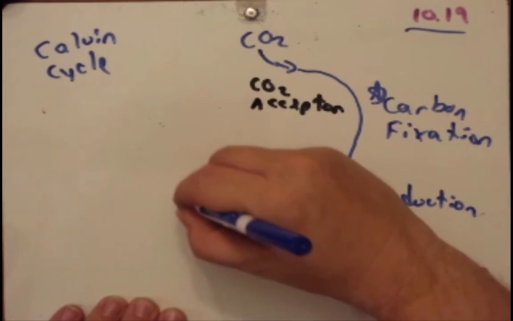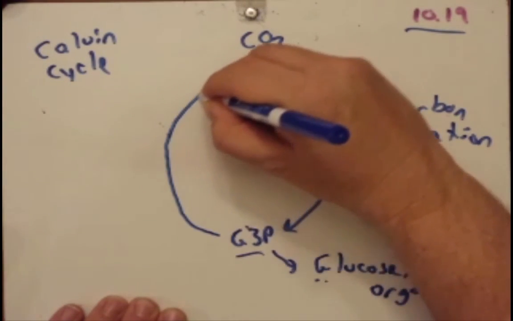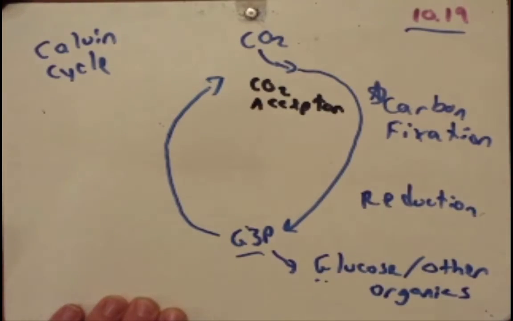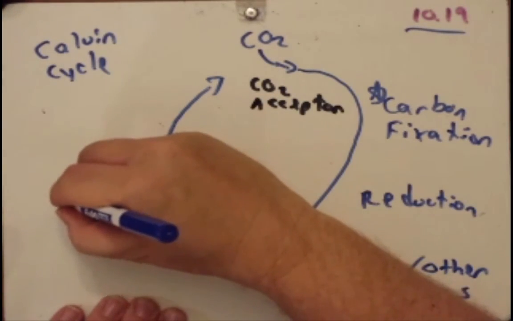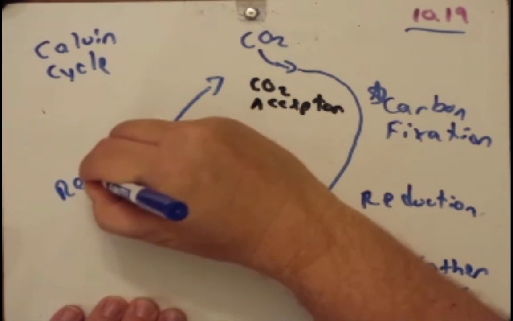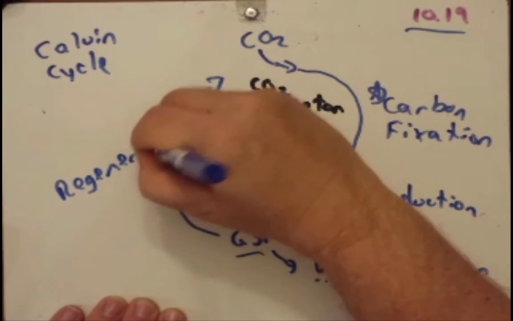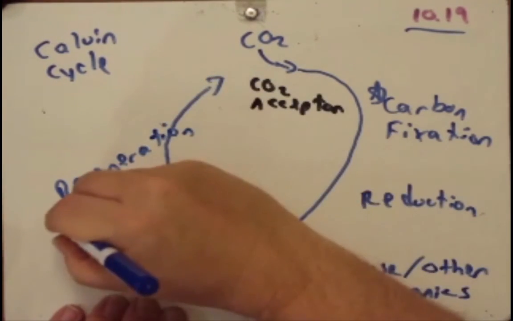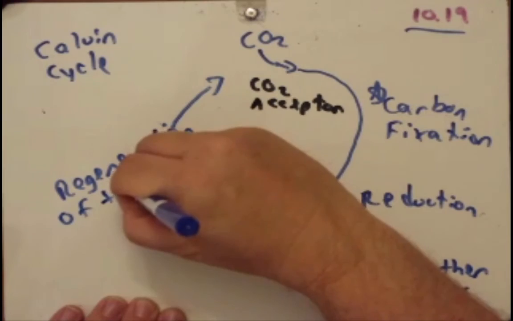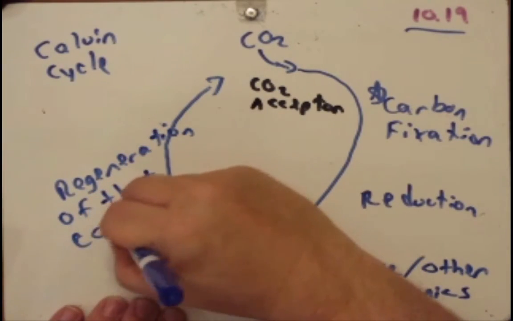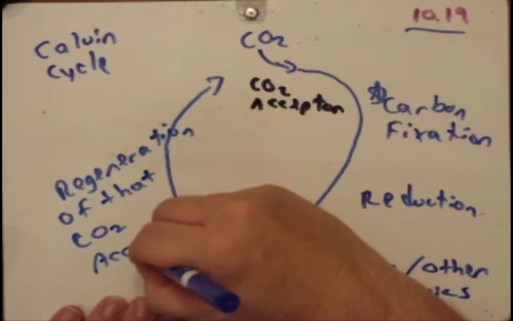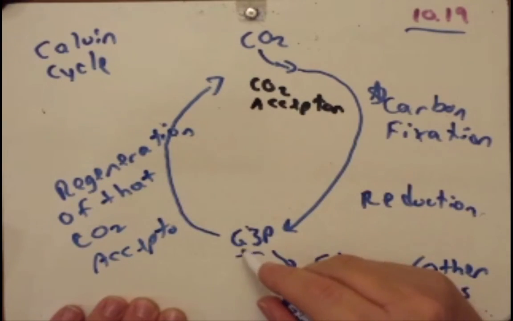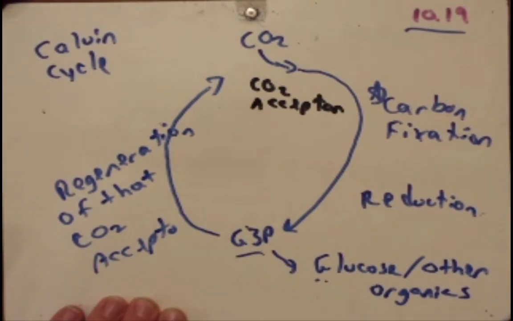G3P can also stay in this cycle, and this part of the cycle we call, a rather bulky name here, regeneration of that CO2 acceptor. So G3P can do either one of these, and it does both of them.